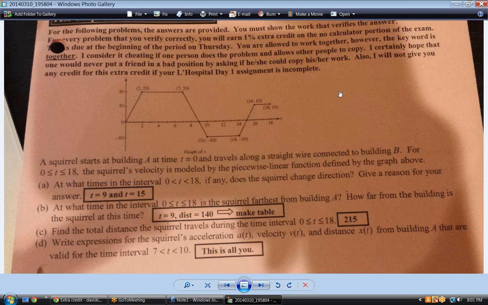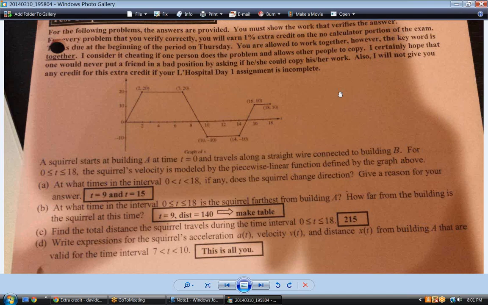Travels along a straight wire connected to building B. The squirrel's velocity is modeled by the piecewise linear function defined by the graph above. Okay. At what times in the interval 0 to 18, if any, does the squirrel change direction? Give a reason for your answers.